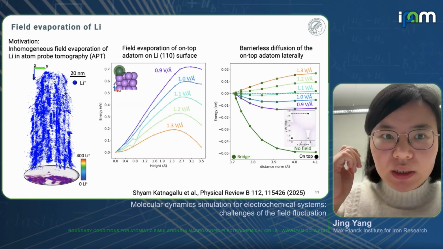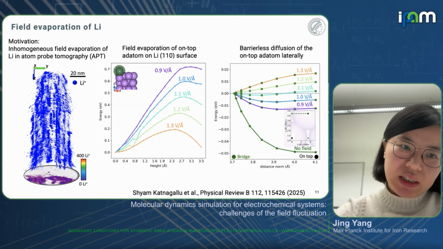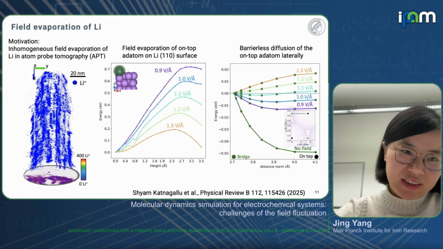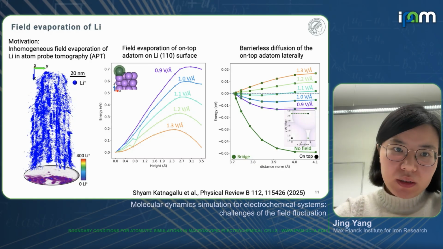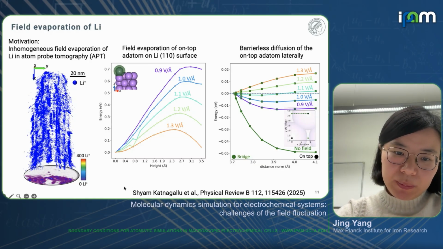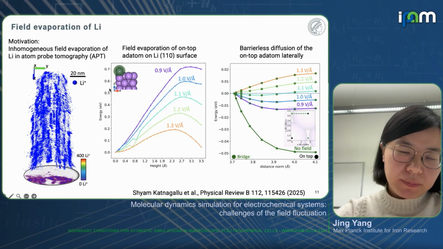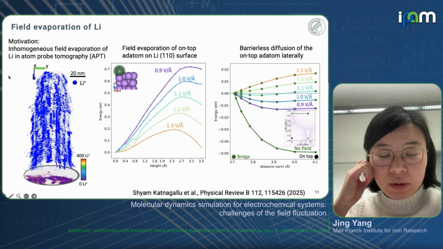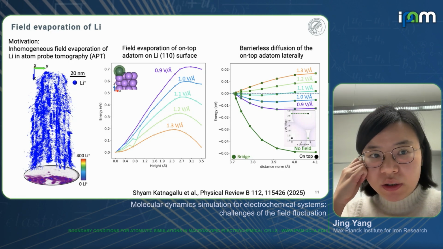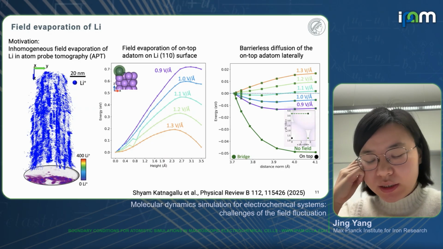Now I want to show you one example of how we can use this setup to study a realistic physical problem, which is the field evaporation of lithium. This study was led by Xiang and Christoph. The motivation was that from the experimental side, in atom probe tomography, they see inhomogeneous field evaporation of lithium.